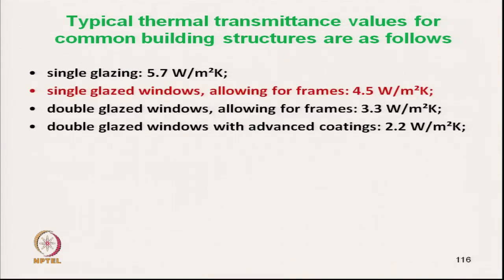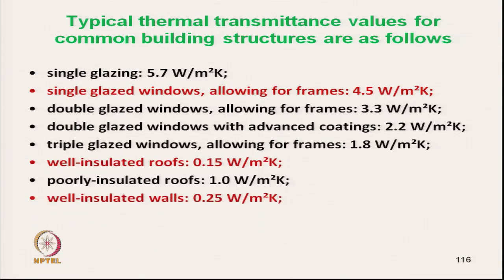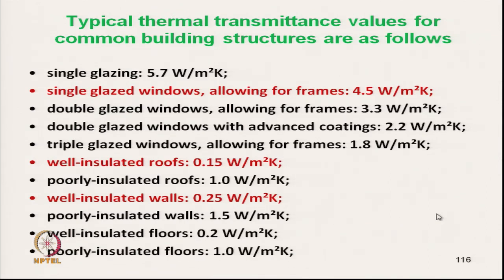Likewise, a well insulated roof has a transmittance value of 0.15, a well insulated wall has 0.25, and a well insulated floor 0.2. In this way we can get the insulation value. So, 0.15 is the well insulated roof.